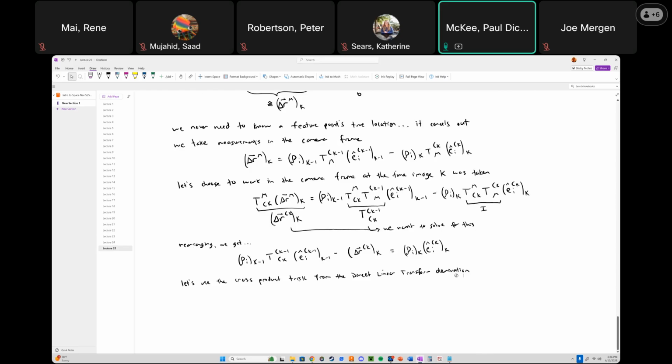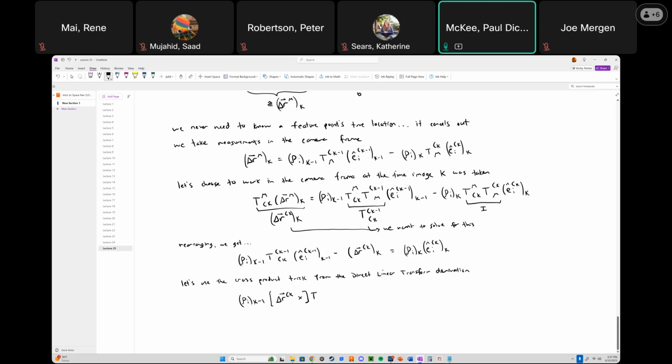Okay, so what we're going to do is we're going to say, okay, this is now rho I k minus 1, and then we introduce this new matrix, delta R ck cross. So it's the cross product matrix made out of this delta R ck.